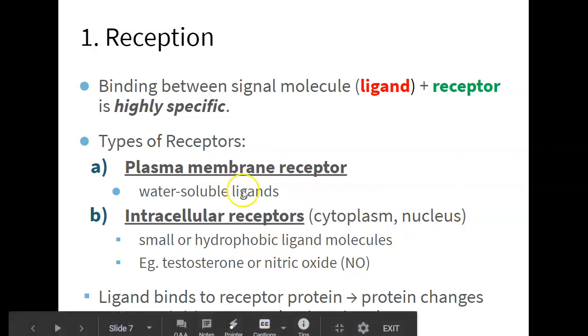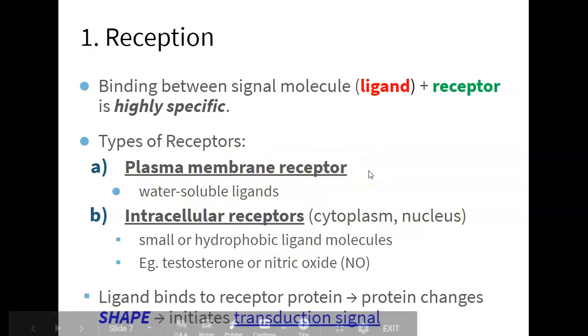And there's different kinds of receptors. I've kind of been talking about the plasma membrane receptors, the ones that are really inside the membrane itself, but they don't have to be. There are also intracellular receptors. These are the ones inside the cell. And so those are for small hydrophobic ligand molecules. They can actually make their way through the membrane on their own. So they don't have the membrane as a barrier. So they go inside the cell to reach the receptor target.